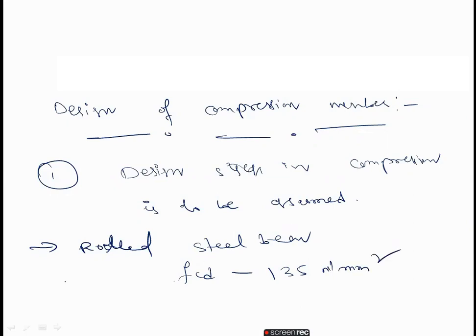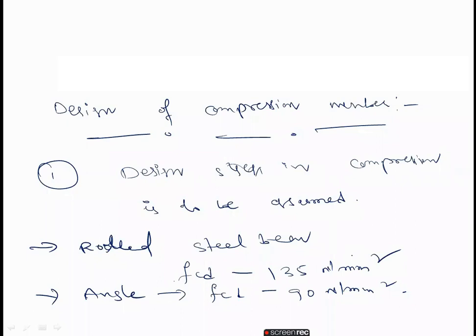Suppose I take angle struts, the slenderness ratio varies from 110 to 130. So the design stress, the FCD value, we have to assume as 90 Newton per mm square. Suppose the compression members carry large or heavy loads, the slenderness ratio is comparatively very small.